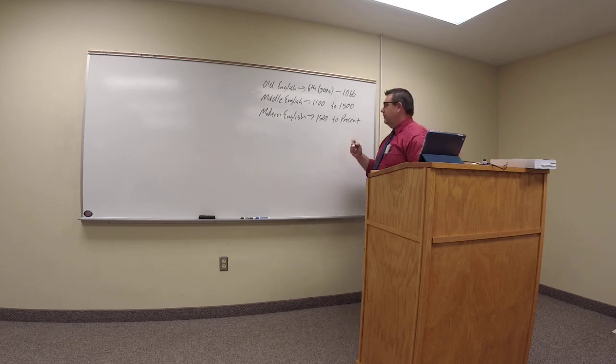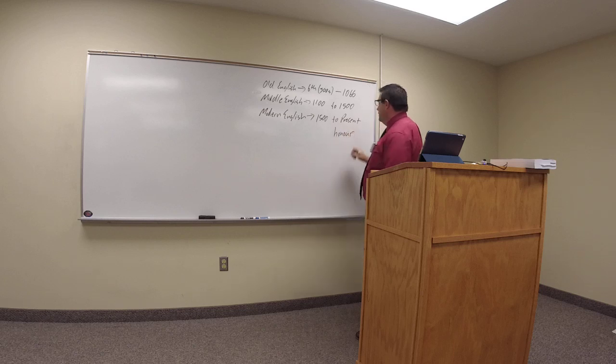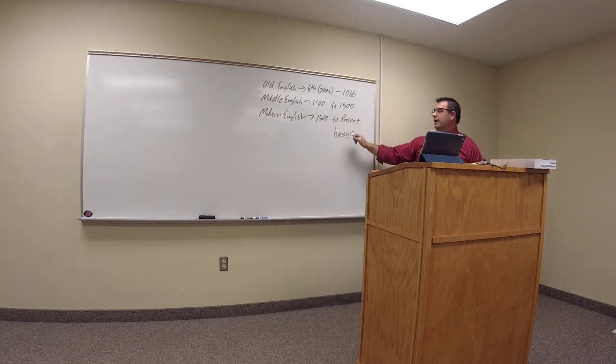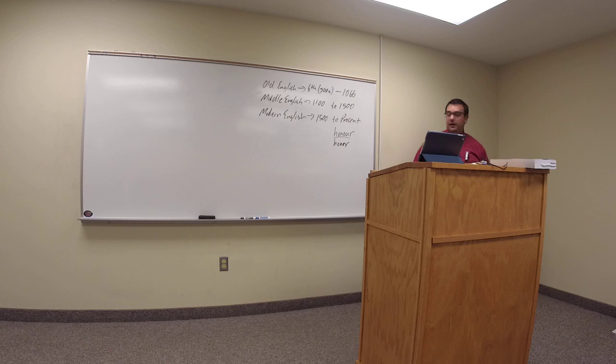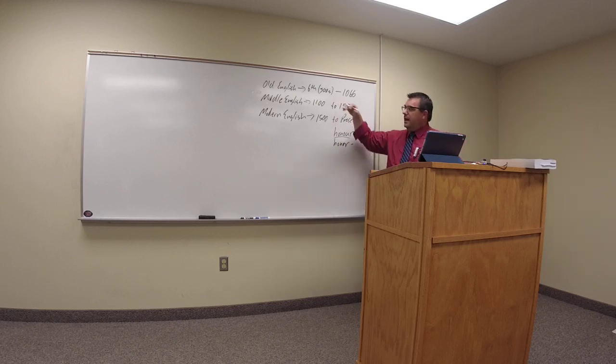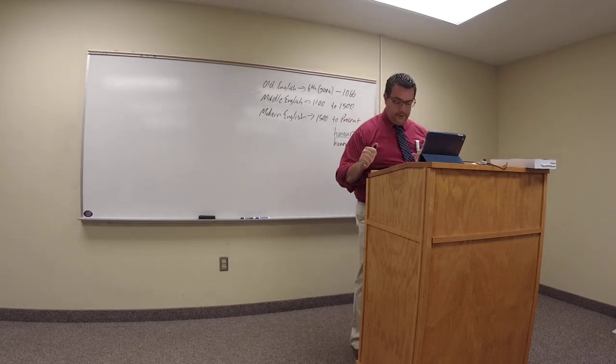So even right now in Britain, how do they spell the word honor? H-O-N-O-U-R, right? How do we spell honor in America? H-O-N-O-R, right? Okay? So that's the British spelling, that's the American spelling. Are they both English? Yeah, okay? So there are these time periods in the history of the development of the English language that you need to be aware of, okay?